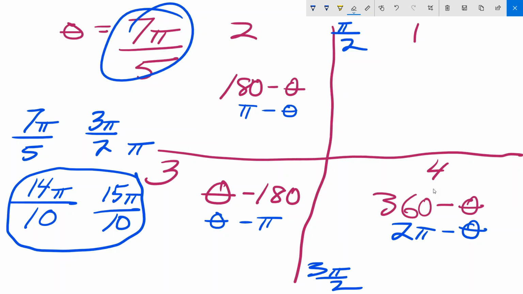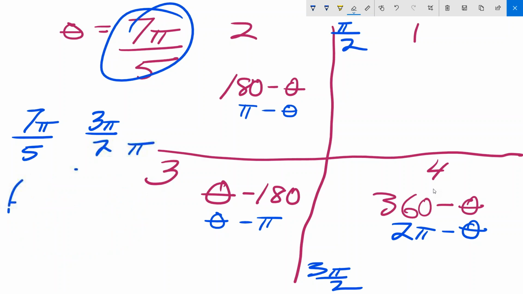That's the first step, figuring out what quadrant it's in. And now you know which formula to use, right? Which one? Okay. So what do you get for, oh, did they just ask, oh no, they wanted the reference angle. So what is 7 pi over 5 minus pi? In other words, apply that formula that's in the third quadrant. What do you get? 7 pi over 5 minus pi.